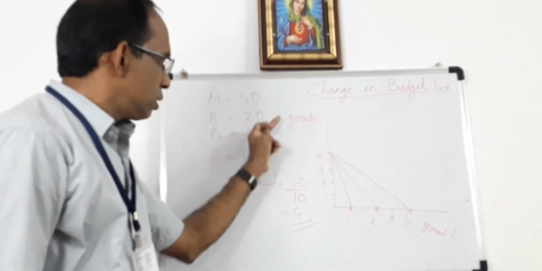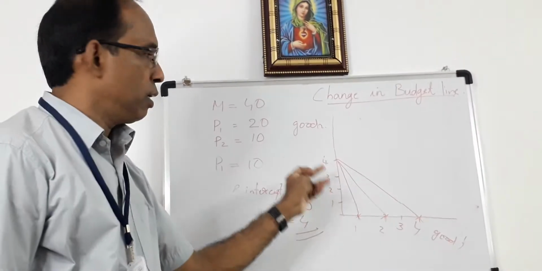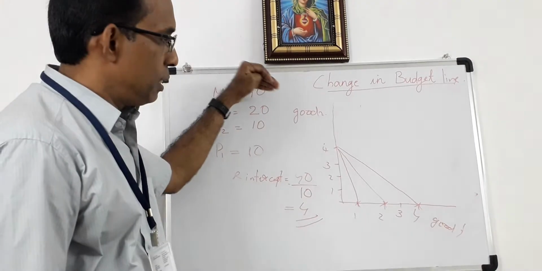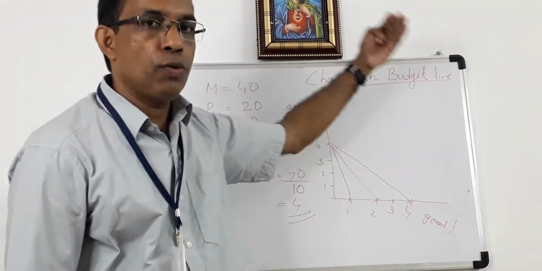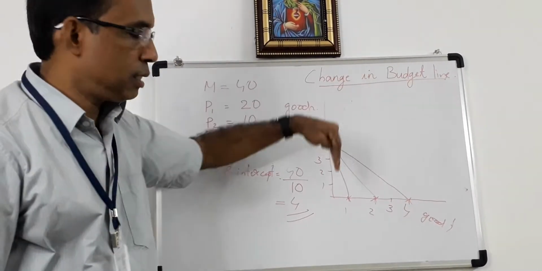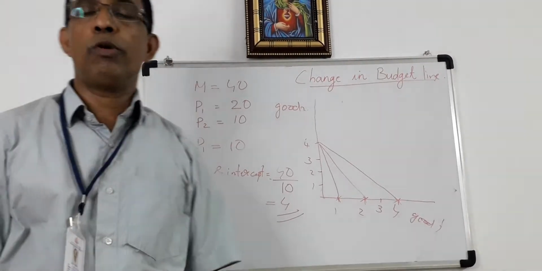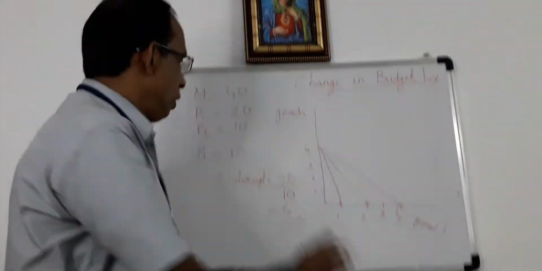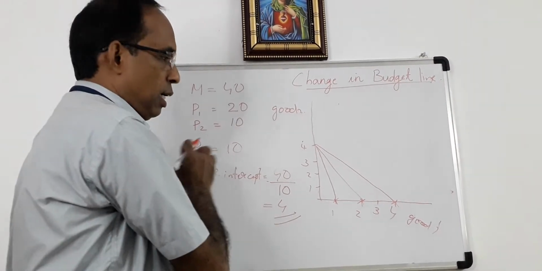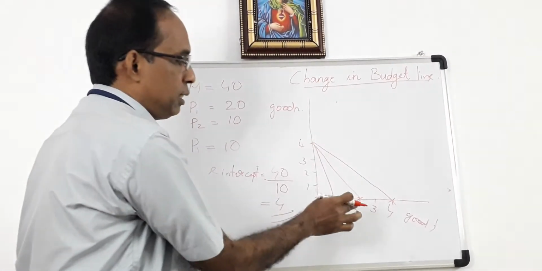There are 3 reasons for a change in the budget line. When income increases, the budget line shifts rightward, or when income decreases, the budget line shifts leftward, without a change in the slope of the budget line. When P1 and P2 change, the slope changes.